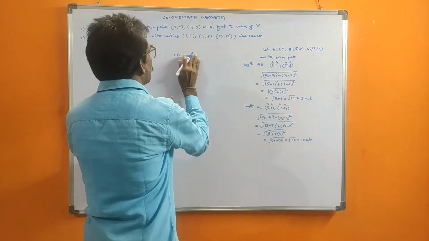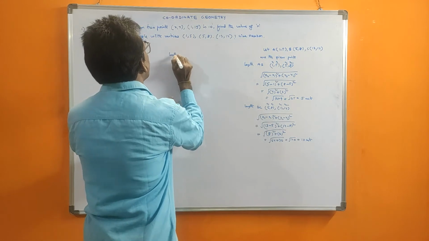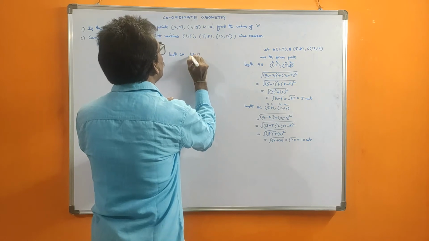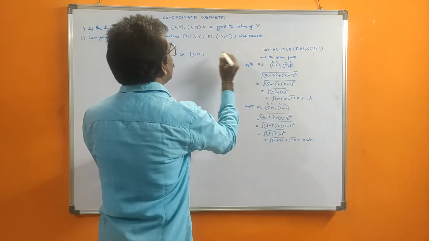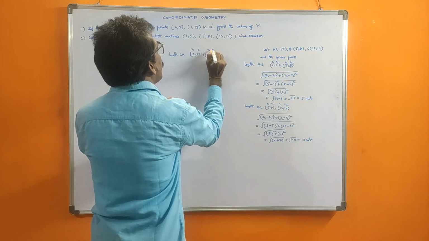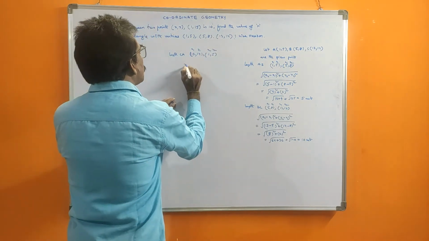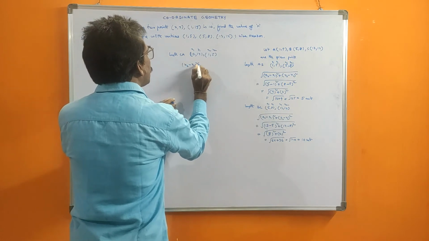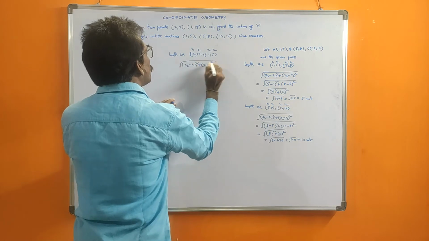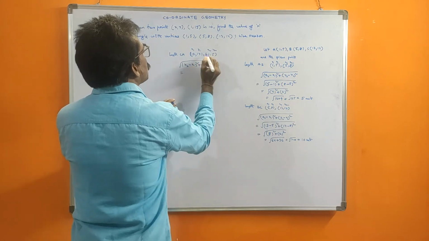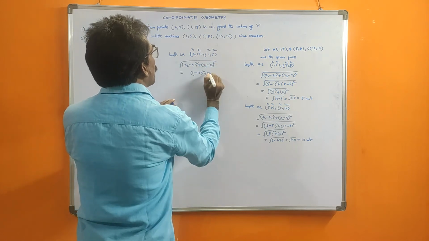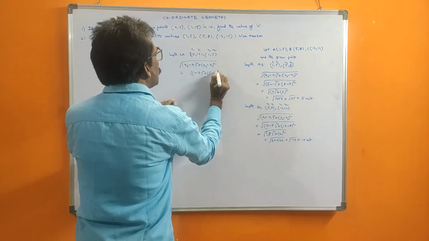Now the third side, CA. Length CA: the points are C (13, 14) and A (1, 5), as x1, y1, x2, y2. The distance is the square root of (x2 minus x1) whole square plus (y2 minus y1) whole square. Substitute the values: (1 minus 13) whole square plus (5 minus 14) whole square.